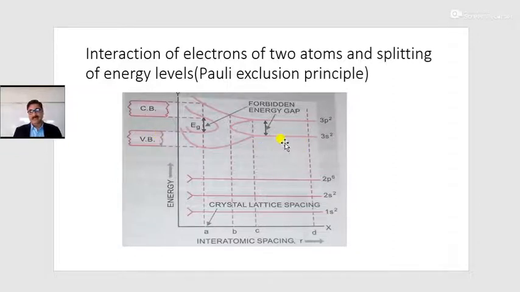In this given diagram, if we consider the energy lines of the given atom, then it is divided into different regions on the basis of interatomic distance. Suppose one atom is here and the other atom is here, then the distance between them is more.